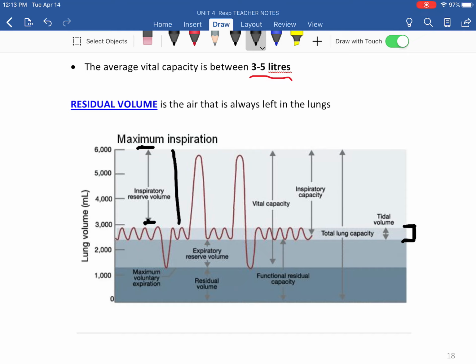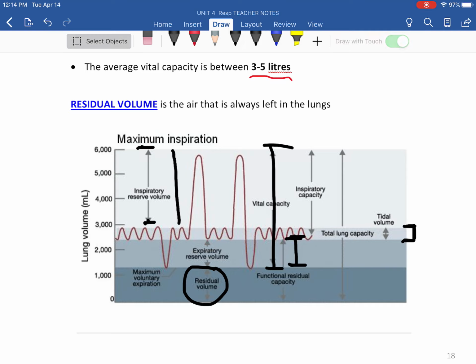So you could forcibly inhale that amount of air. Expiratory reserve is down here. You could forcibly exhale, and the vital capacity is all three of those together. We're then left with this other space here, your residual volume. There's some air in our lungs that you're never going to be able to force out, all right? And that is going to be your residual volume left over.